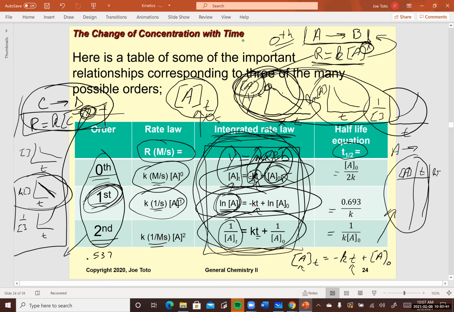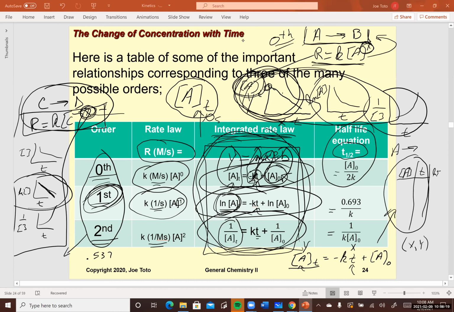So it's an infinite point function where this is my Y, and this is my X. I can have an infinite number of XY points. What this equation is here is just one of those points. It's a particular point. It's the time that it takes to cut this concentration in half.